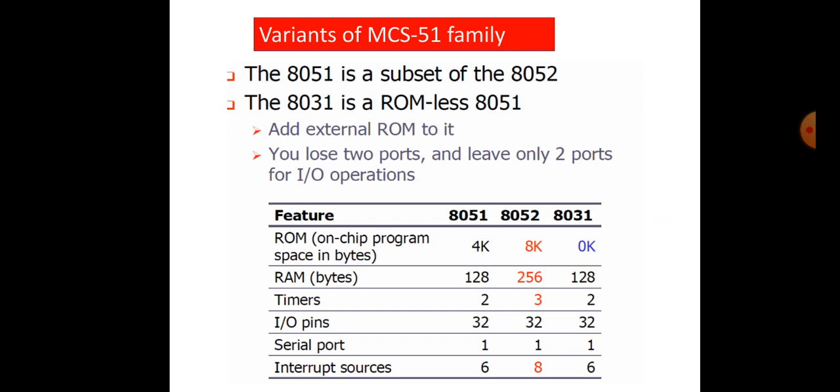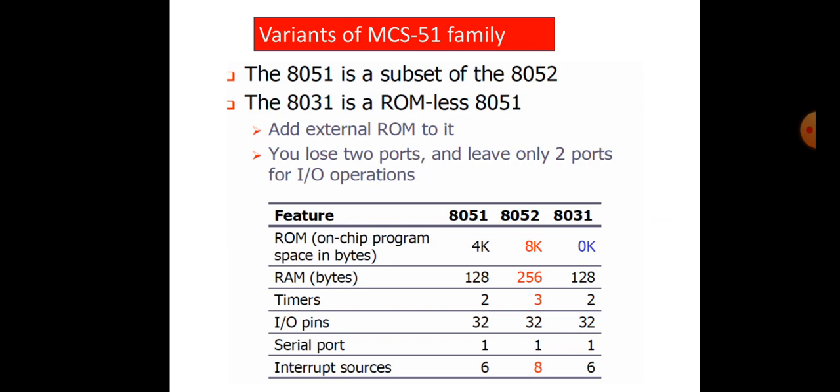Basically, the Intel 8051 was developed by Intel Corporation in 1981, which is an 8-bit microcontroller. So 8051 is a subset of 8052. Plus you have one more chip, the 8031, which is a ROMless 8051, meaning the internal ROM is not present.